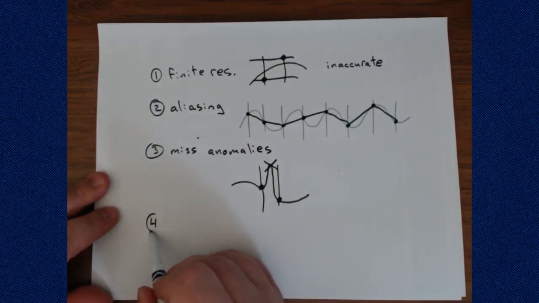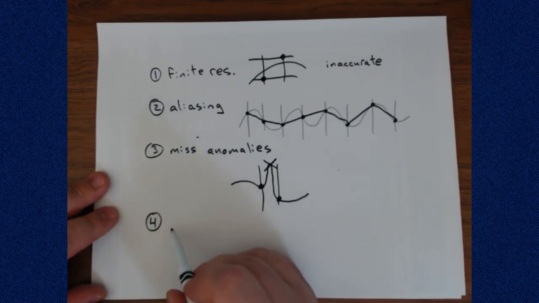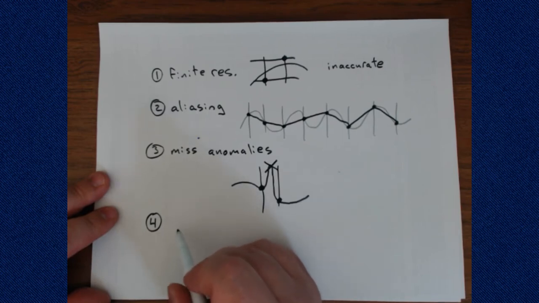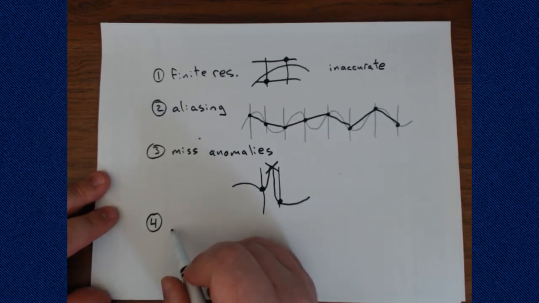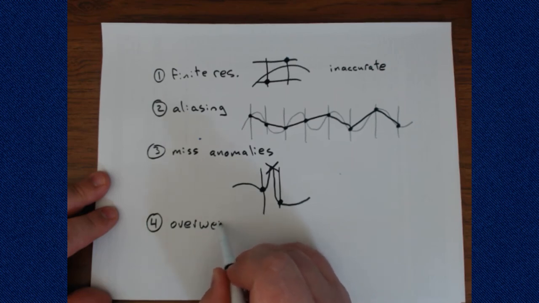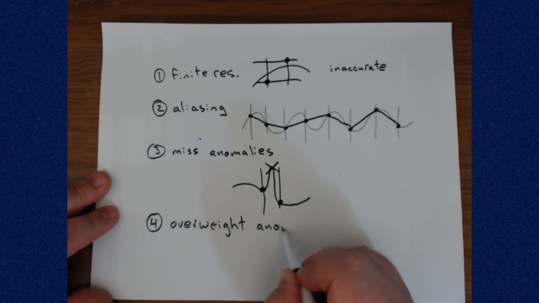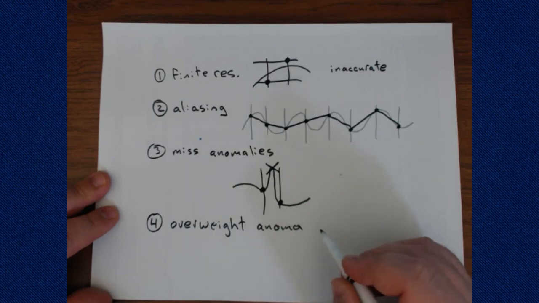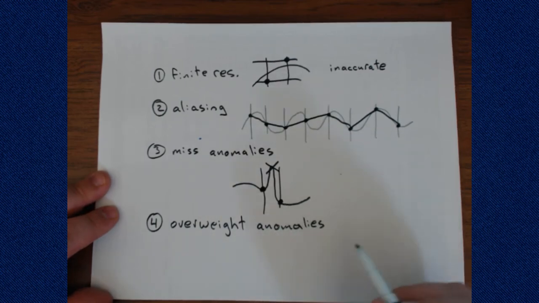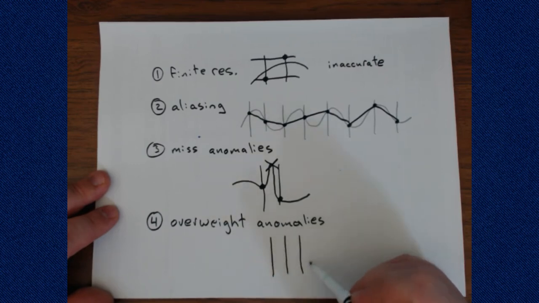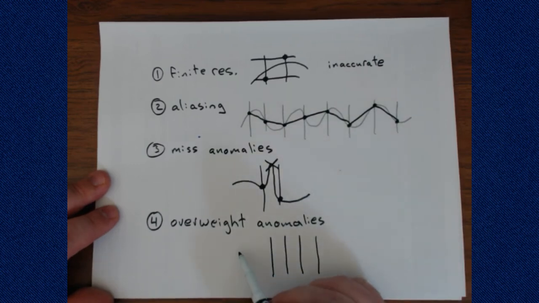And the fourth and last most important problem here is that we might overemphasize the anomalies. And so we'll just say overweight the anomaly, or overemphasize. Now this happens whenever we actually have anomalies at the moment of sample.